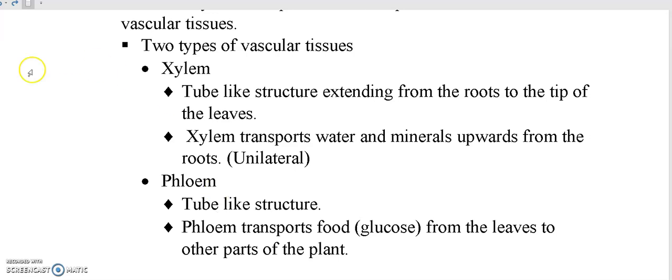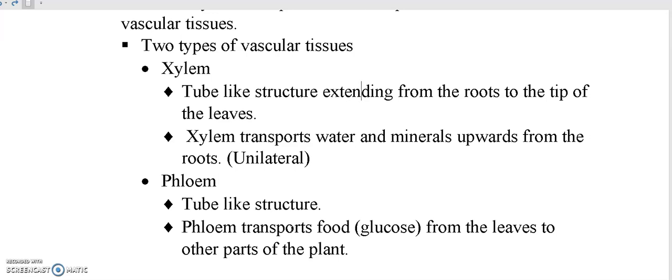But remember, xylem goes in one direction only, but phloem can go in any direction. Why? Because phloem needs to transport food to all the parts, so naturally it has to go towards all of them. They move bilaterally.